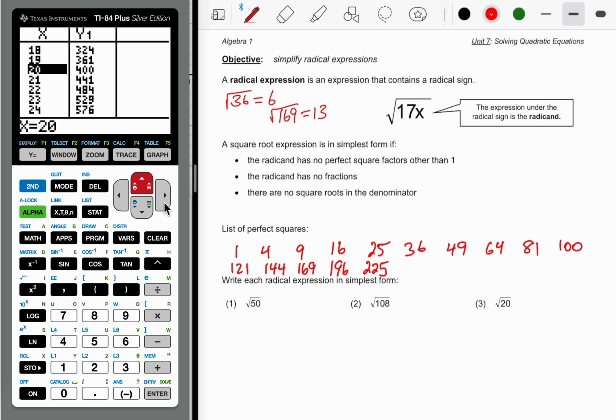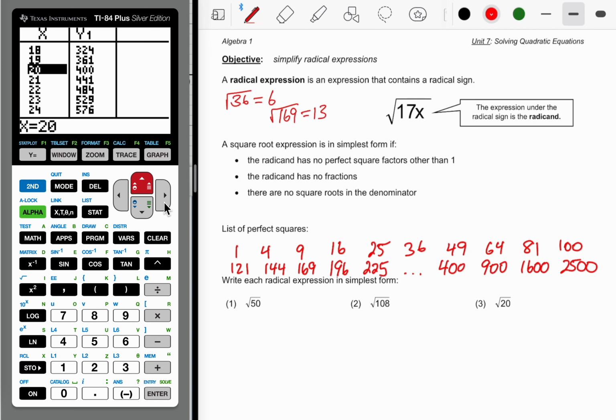So 20 squared is 400. 30 squared would be 900. 40 squared would be 1600. And 2500 for 50 squared. Those are the most popular ones that you would see in an algebra class.